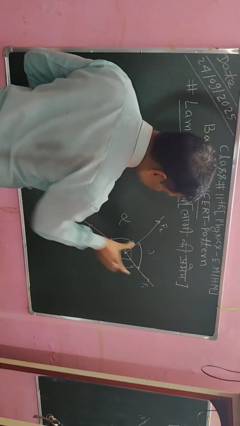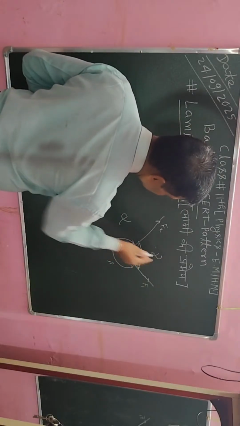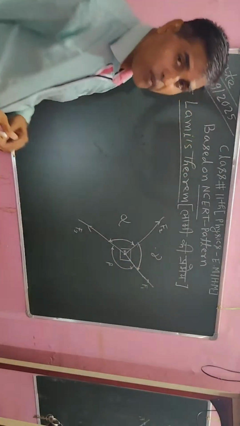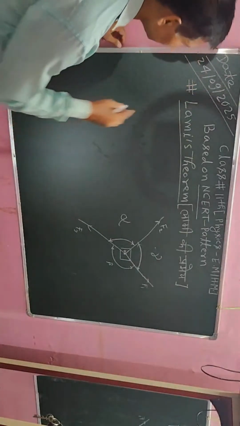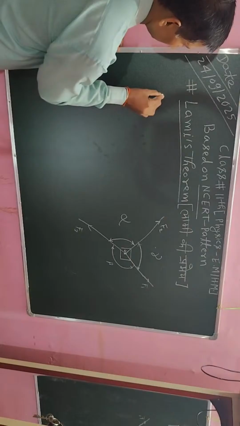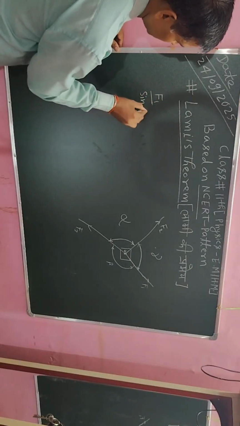So we have to use the concept of Lami's theorem. If we have to obtain force values, we can write according to Lami's theorem: force F1 divided by sin alpha.